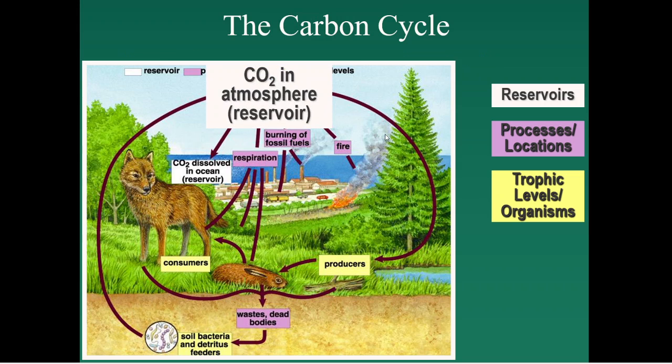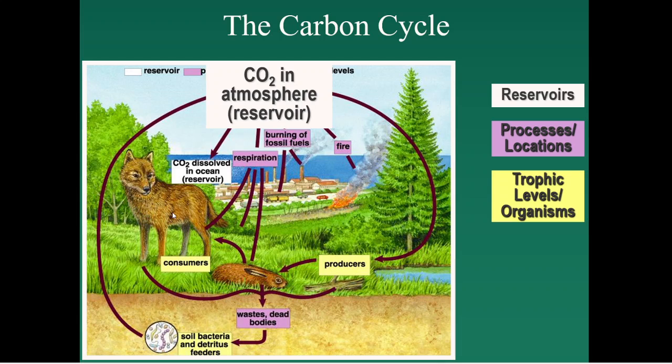Here is the carbon cycle. Down here, soil bacteria and feeders give off carbon dioxide into the atmosphere, and it's taken from the atmosphere by our producers. Photosynthesis turns that carbon into sugars and food for the tree that our little bunny here can eat, so it now absorbs that carbon.